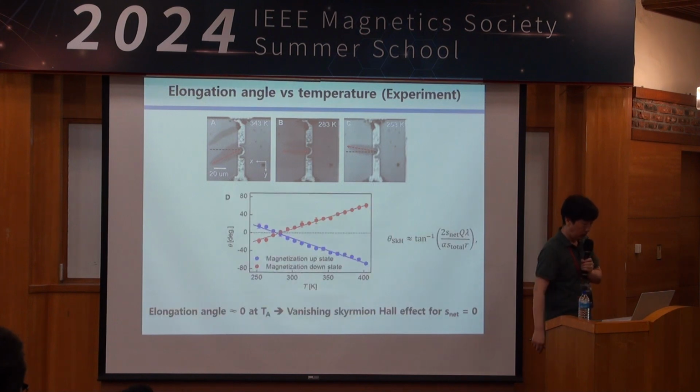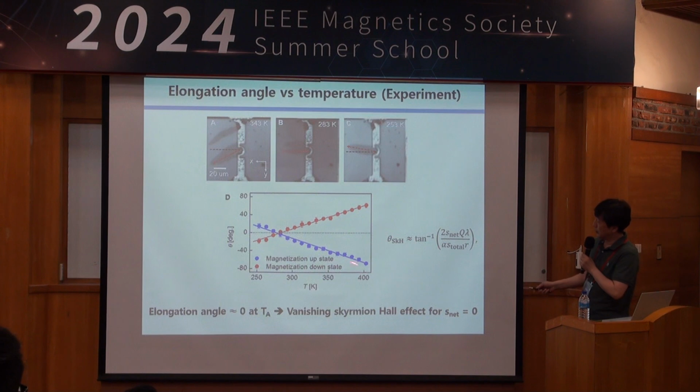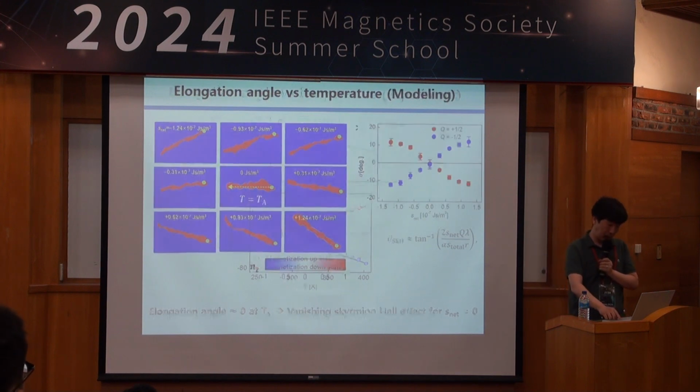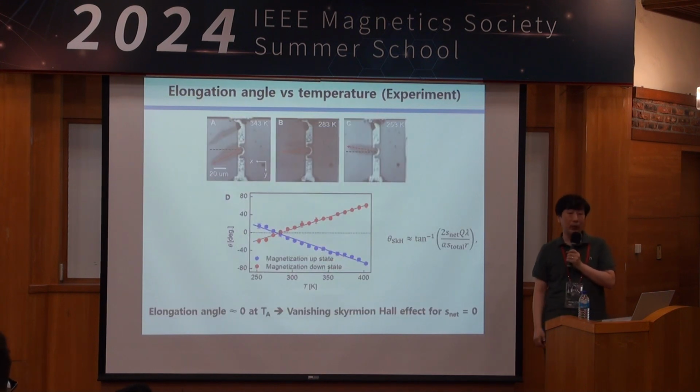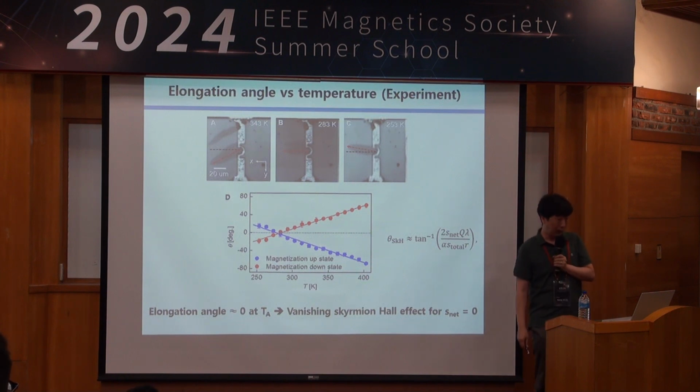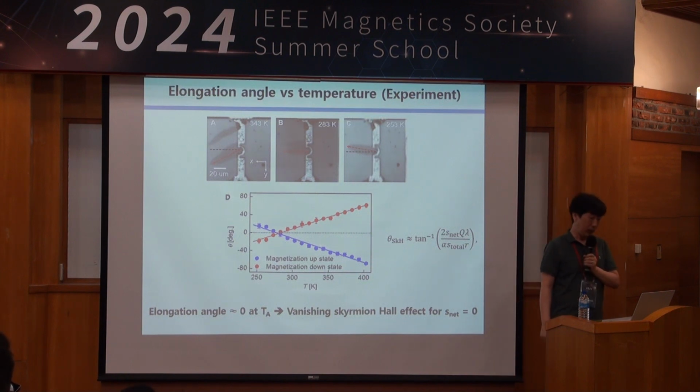So all the results are summarized here. Magnetization up state, blue; magnetization down state, red. This is the angle. And he found that this angle becomes 0 at 280 K, which is the angular momentum compensation point of this ferromagnet. So it is in agreement with our expectation.